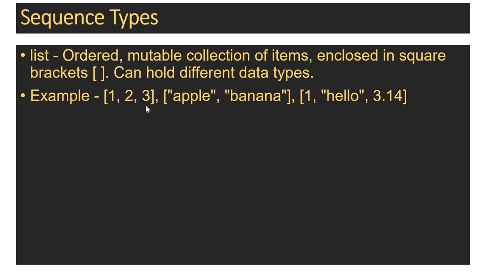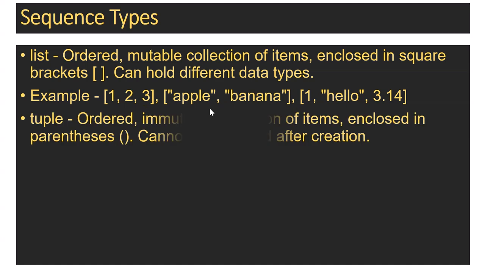Another list we have here is apple and banana, enclosed in a square bracket, and both the values are in double quotes. So our first list contains items of numeric type. Our second list contains items of text type. And our third list contains items of numeric type and text type.